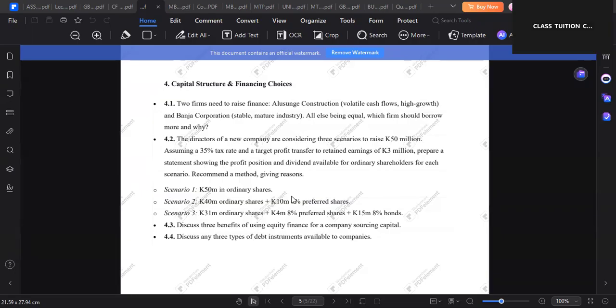But look at Banja. Banja is in a mature stage. What happens is it's in a stable industry. What does it mean? In the context of growth, the growth opportunities are limited. They are predictable. And what about their cash flows? They are stable. They are consistent. The firm generates steady profits, and it may not need heavy reinvestment.